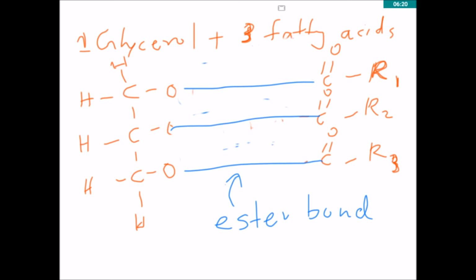Remember, this is one product, which is called the triglyceride molecule. And remember, they also release 3 water molecules from the 3 fatty acids and the glycerol.